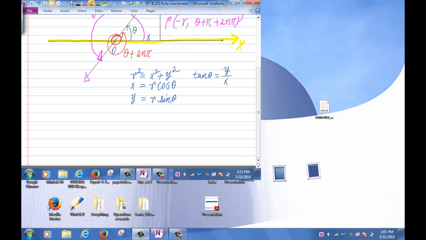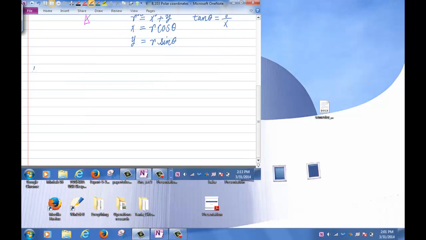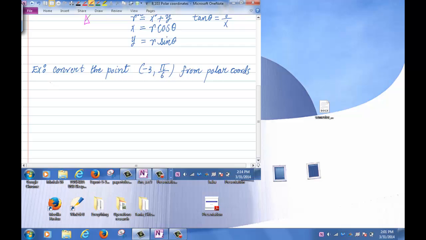Let's say the question is: convert the point -3 comma pi over 6 from polar coordinates to rectangular coordinates.